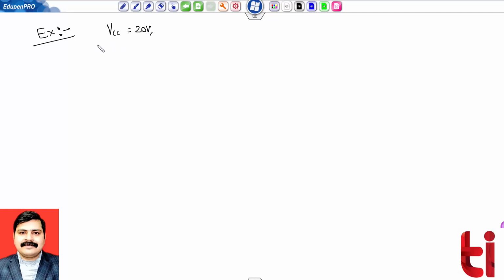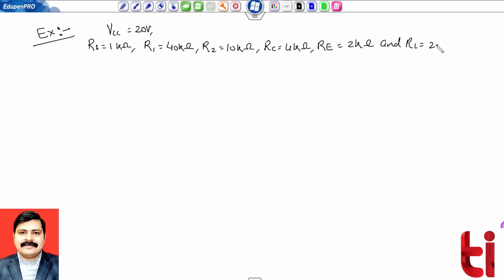Different values of resistances have been given as Rs equals to 1 kilo ohm, R1 equals to 40 kilo ohm, R2 equals to 10 kilo ohm, Rc equals to 4 kilo ohm, Re equals to 2 kilo ohm, and a load resistance RL equals to 2.2 kilo ohm.